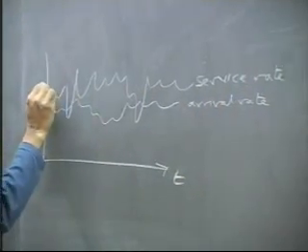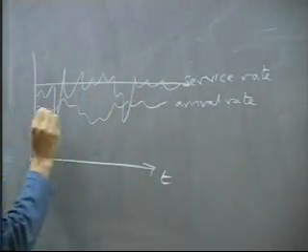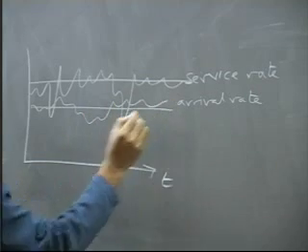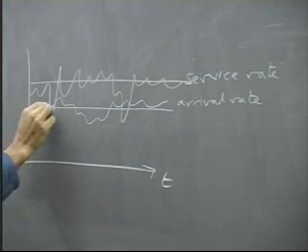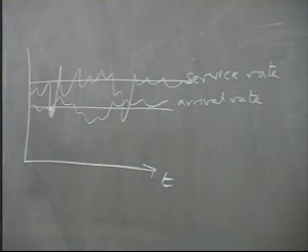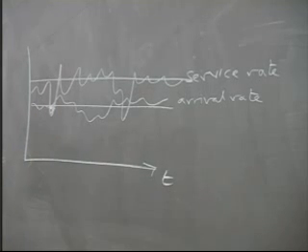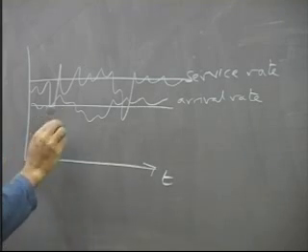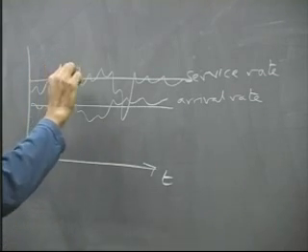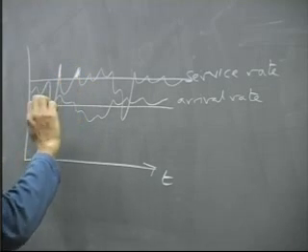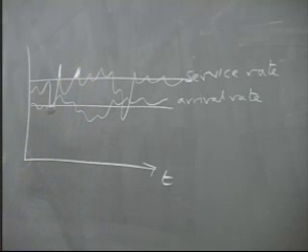In some sense, the service rate has some mean like this, and the arrival rate has some mean like that. For some period of time, the service rate is below the arrival rate. I guess it's the other way around: the arrival rate over here is higher than the service rate. I need different colors to do this properly, and I'm out of colors.